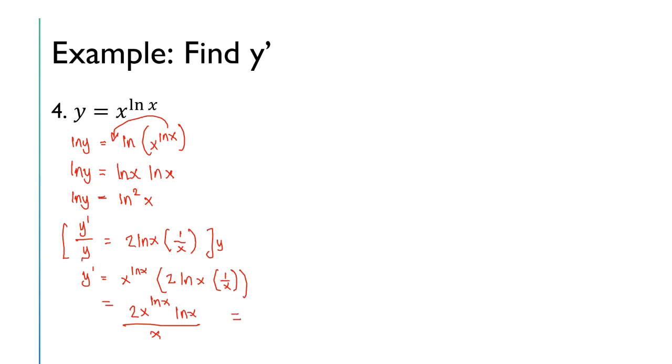We can put this x to the numerator but negate the exponent. So we can have 2x raised to ln x, and then we have the x raised to negative 1 for this one times ln x. We can still simplify this because they have the same base: 2x raised to ln x minus 1, the exponent of the other x, times our ln x. So this is now the value of our y prime.